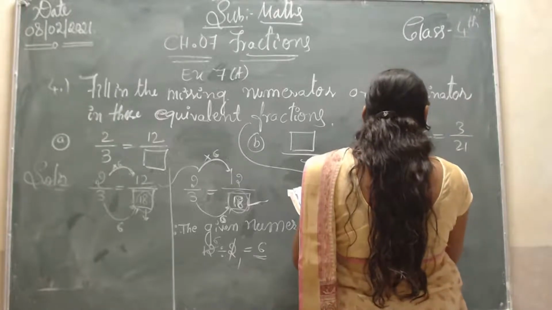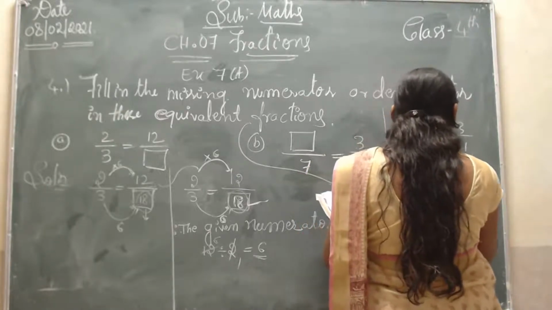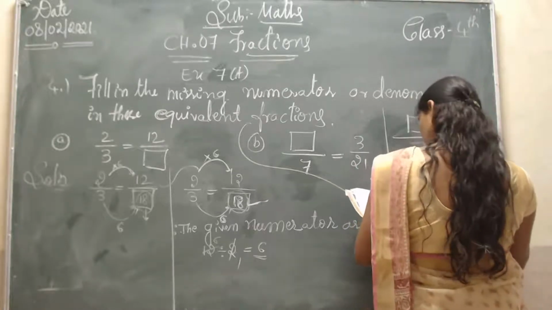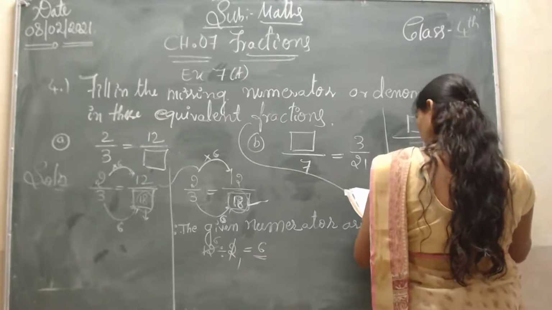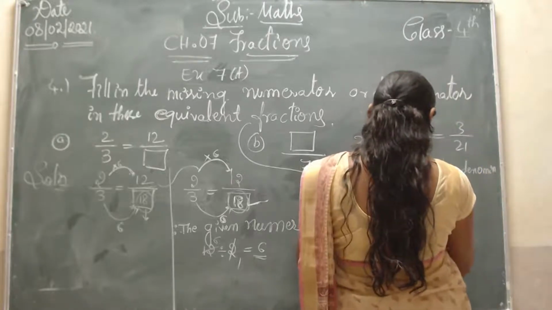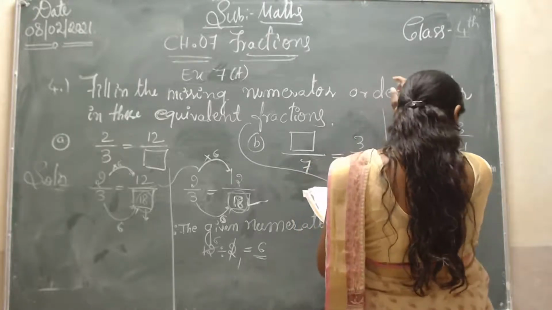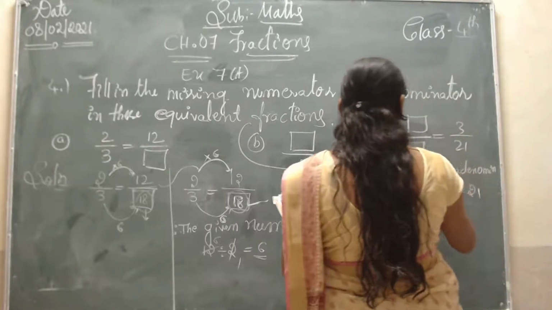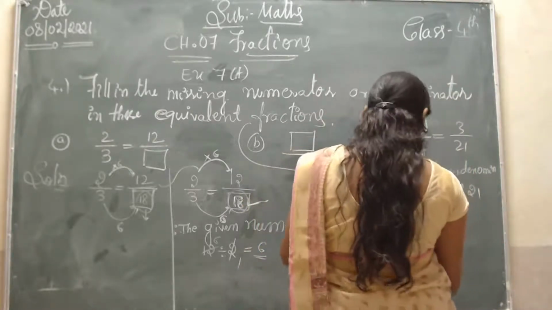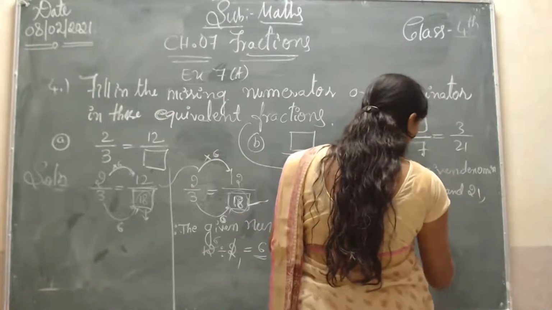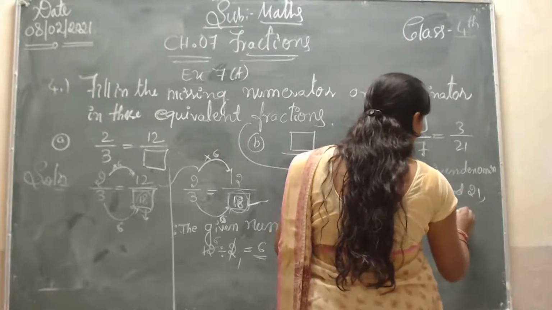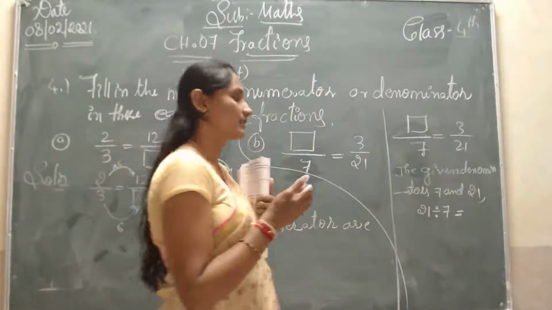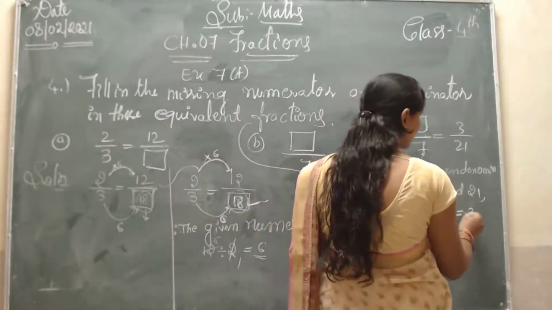So the denominators are 7 and 21. Now you have to do the division. 21 divided by 7. 7 times how much is 21? 7 3s are 21, so the quotient will be 3.